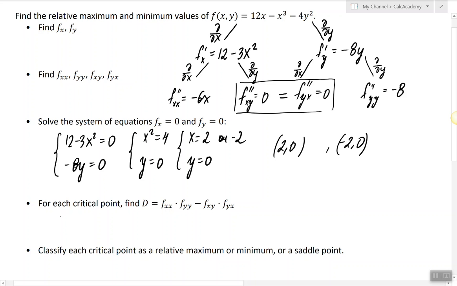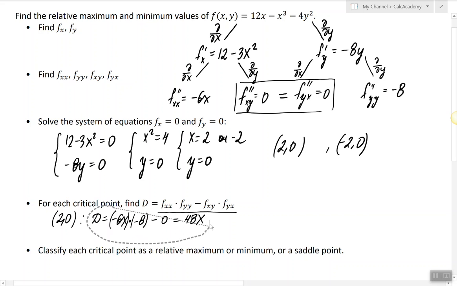Now for each critical point we will compute the value D. So D is the following expression. In our case it will be negative 6x times negative 8 minus 0, so it's 48x.